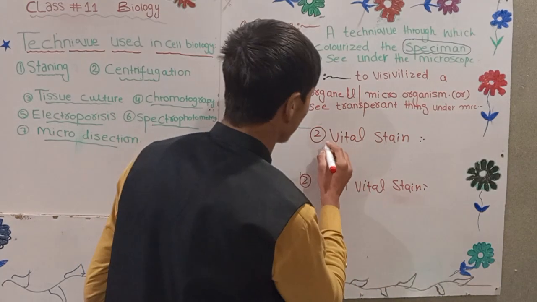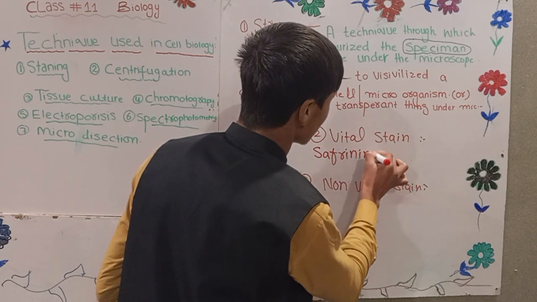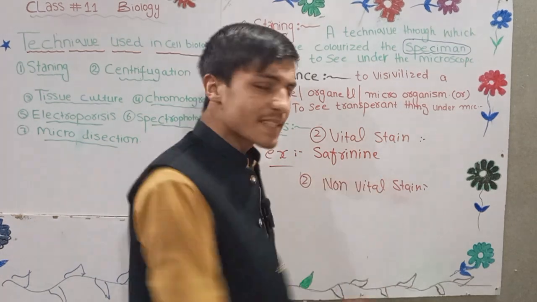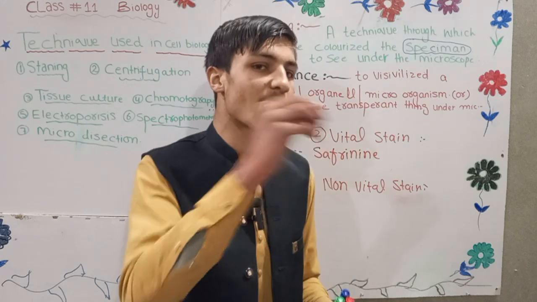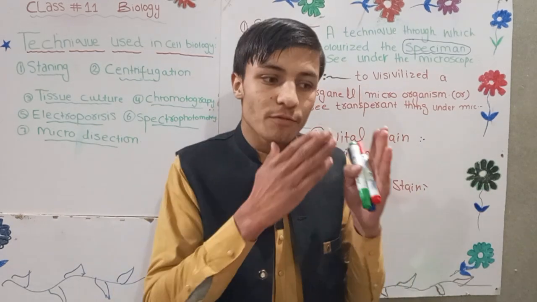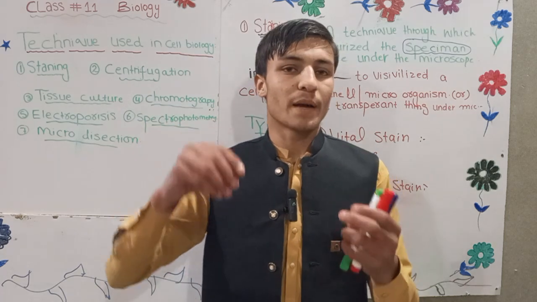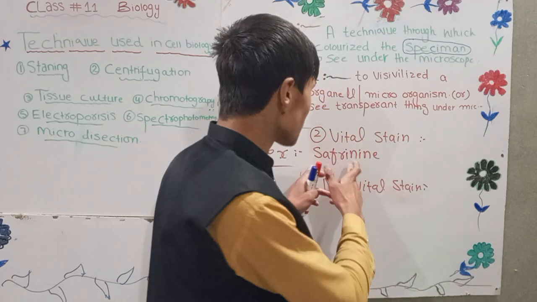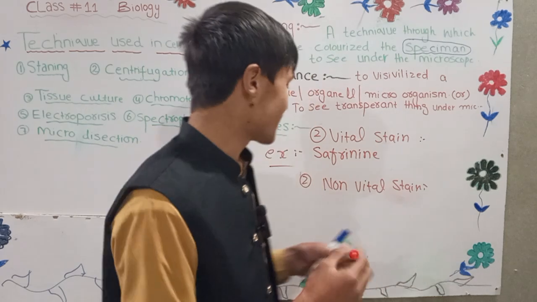For example, safranin is a type of dye that we use for bacteria to see them under the microscope and to understand what type of bacteria it is: is it a gram-negative bacteria or a gram-positive bacteria? We will discuss gram-positive and gram-negative bacteria later.